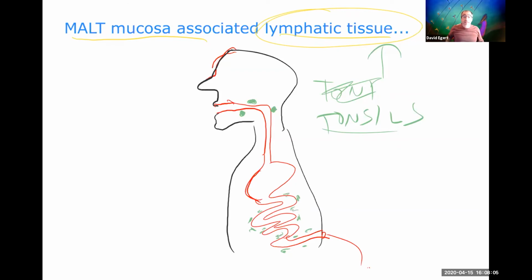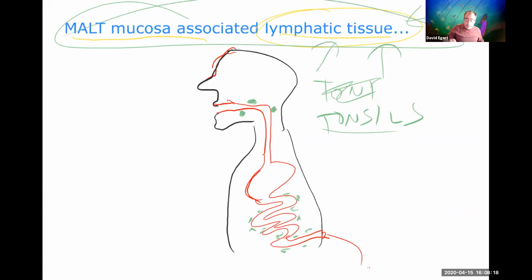Your trachea is another mucosa, another kind of wet epithelial membrane that's exposed to the outside world. So that's all MALT is. This lymphatic tissue is basically on the other side of these membranes to try to keep you safe from things getting across and getting into your body.